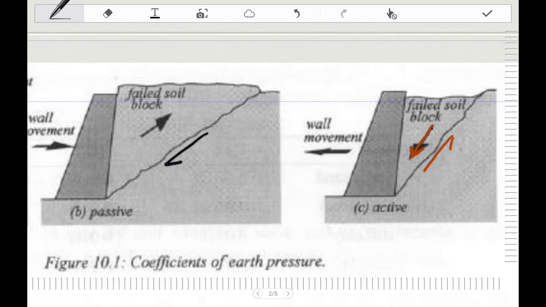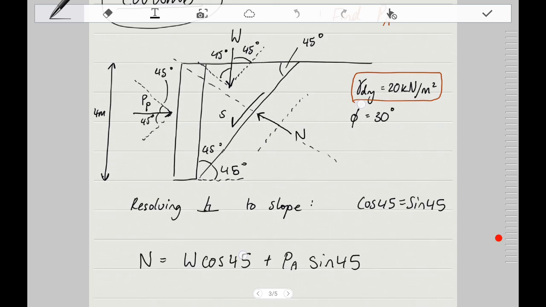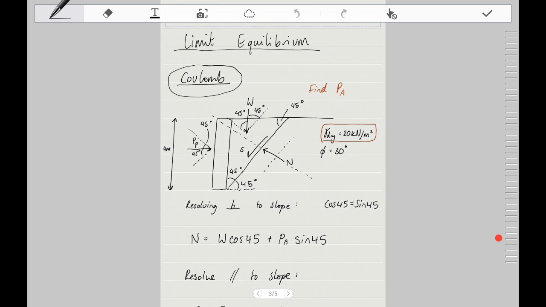So you always want to resist your motion. That's your friction force. But other than that, there wouldn't be any difference. You would resolve the same way, calculate the same way.